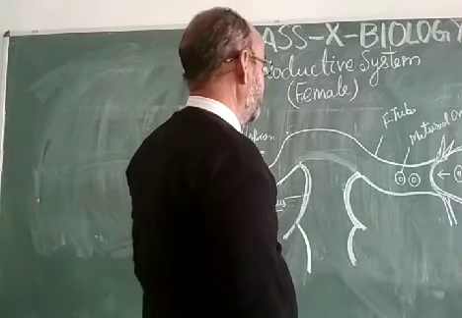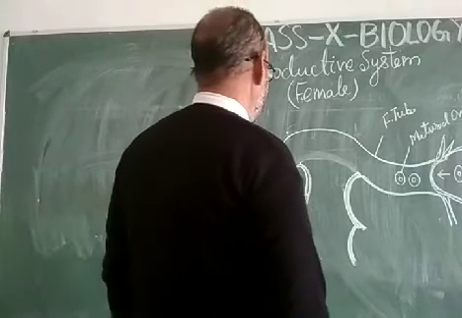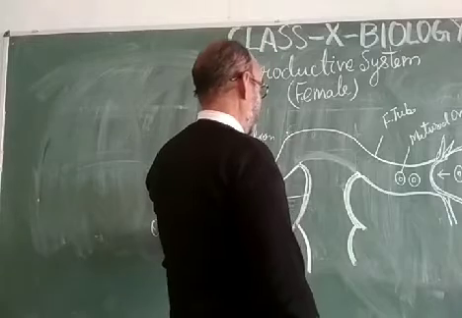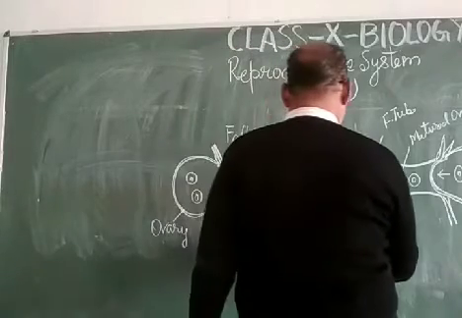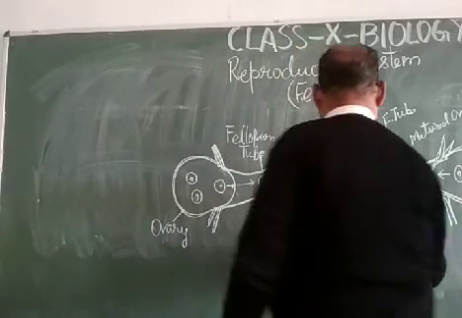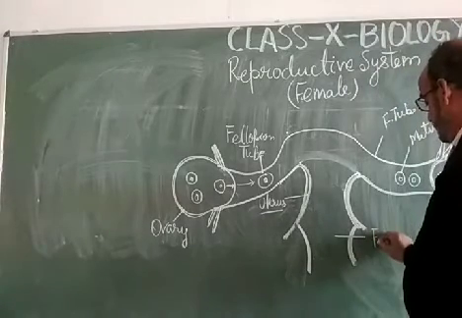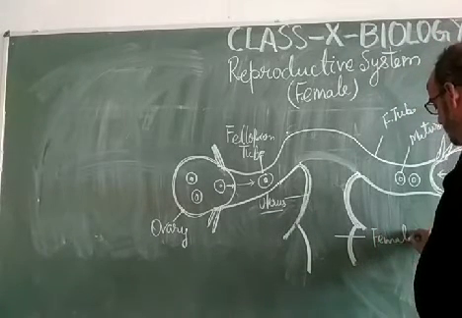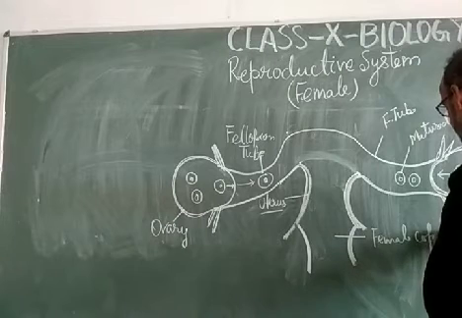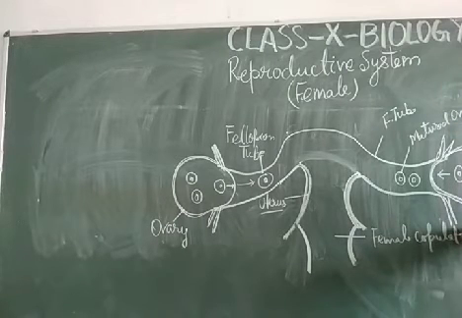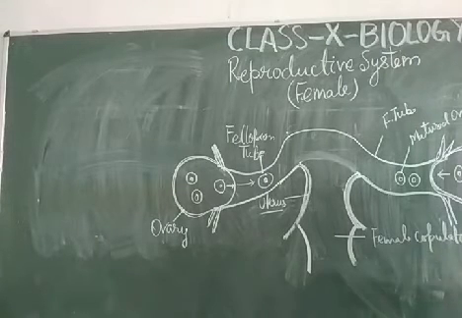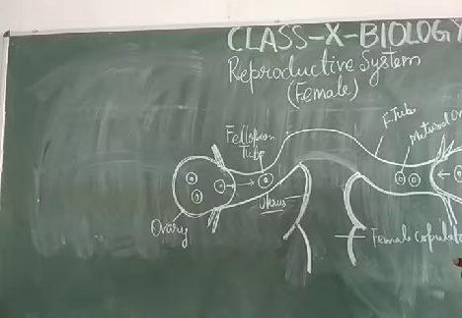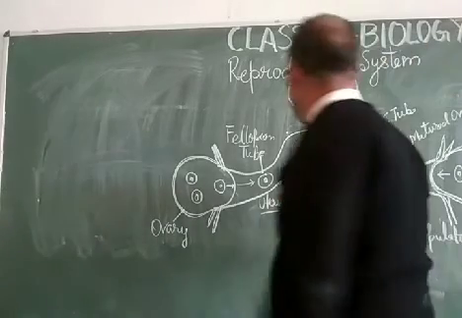So my dear students, the female reproductive organ that is having the uterus, and this is the copulatory organ. Female copulatory organ, that is the vagina. This is the female copulatory organ.